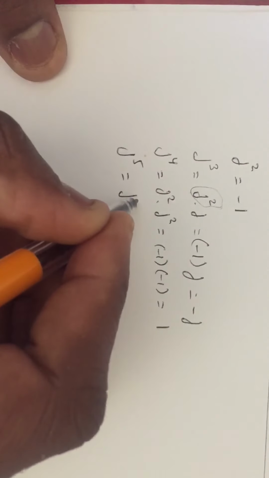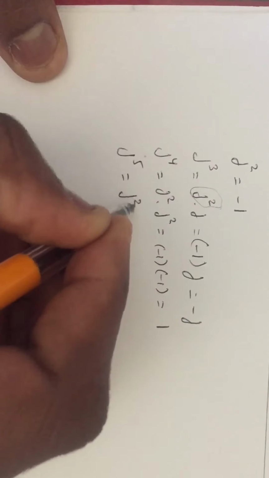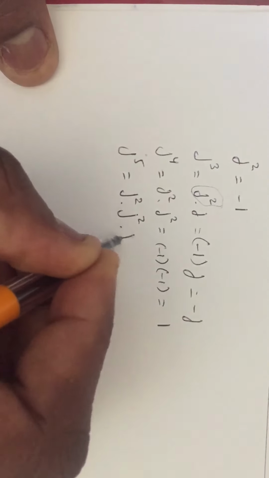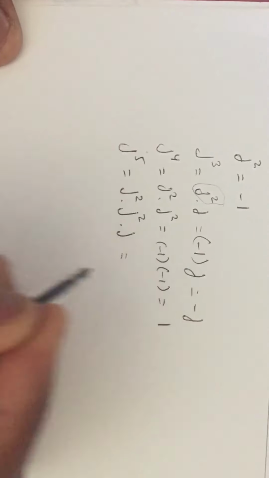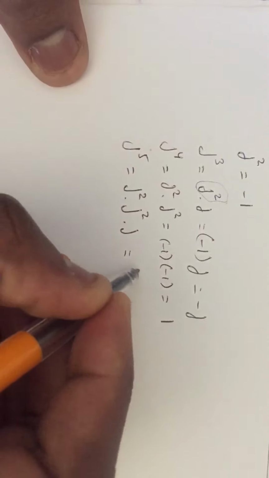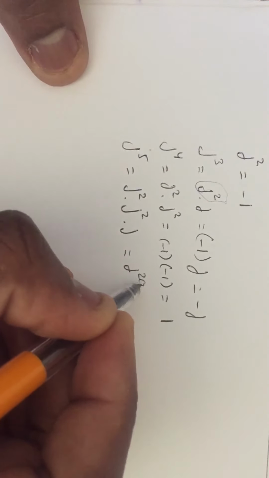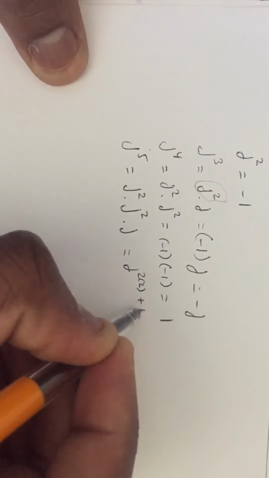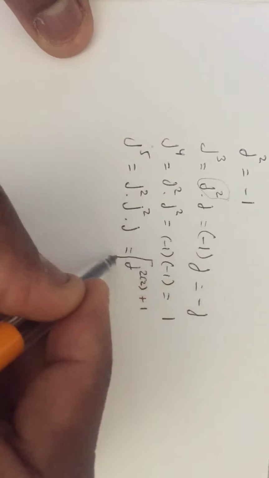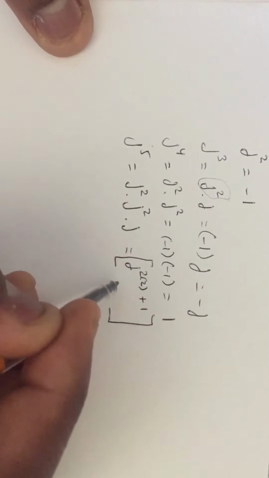Okay, j to the power 5 will be equal to what? J to the power 2 multiplied by j to the power 2, times j, like this. In other terms, I can write this as j to the power 2 times 2 plus 1.